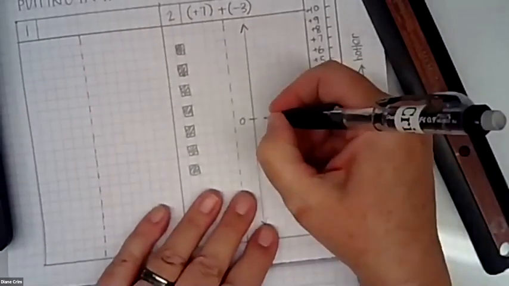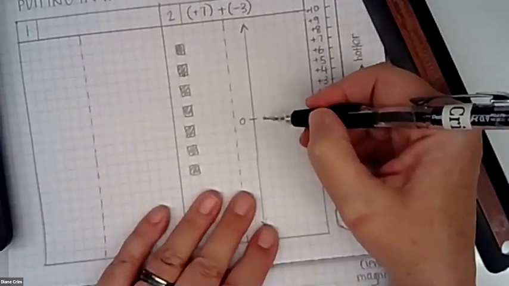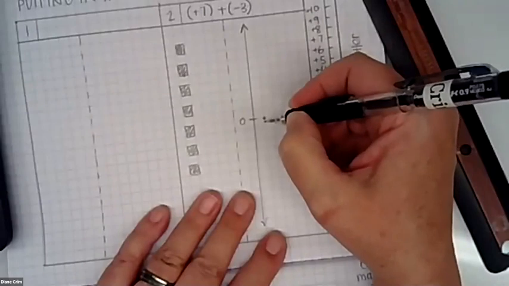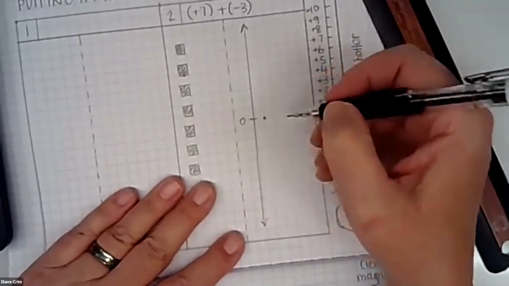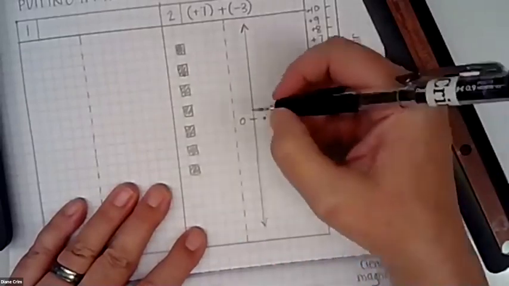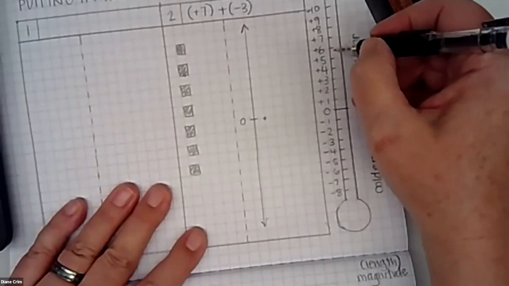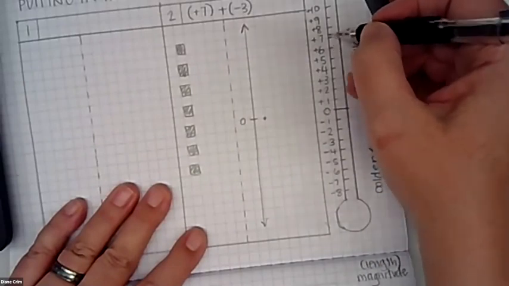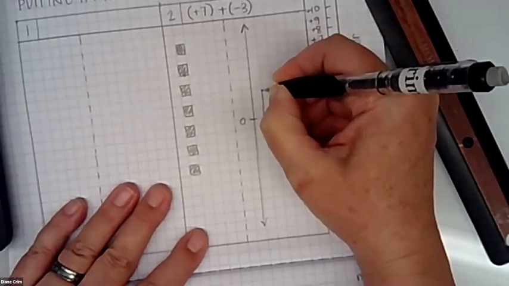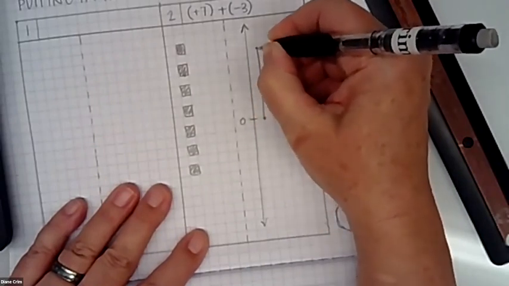Because what we're trying to do is get a picture in our mind. So we are just going to put the most important pieces of this diagram. So we're starting at 0. This is called the tail of the vector. It's where everything starts. So the vectors actually tell a story. So the first part of the story is 7 hots. So just like I would go up 1, 2, 3, 4, 5, 6, 7 on my thermometer, I'm going to show that using a vector. 1, 2, 3, 4, 5, 6, 7.